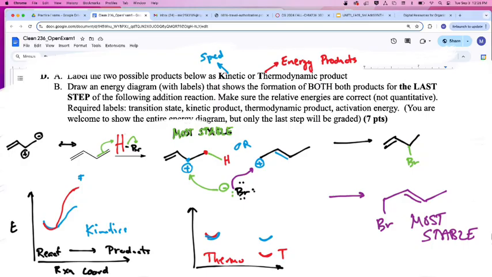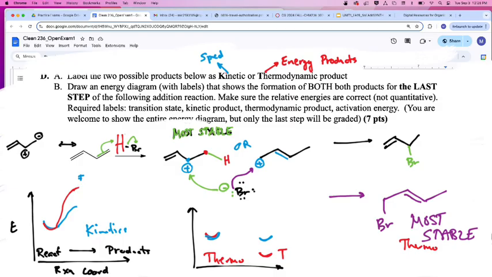Okay? This is the point of kinetic and thermodynamic. When we're looking at thermodynamic, it's just the raw energy of the products. So typically thermodynamic is easier to call out because all you've got to do is predict the products. Once you look at the products, you can say, well, that one's thermodynamic because I have the more substituted pi bond. So that makes that bottom one my thermo product.